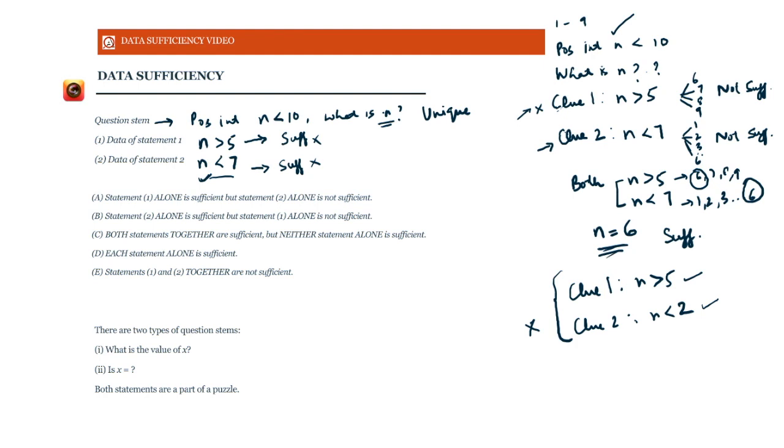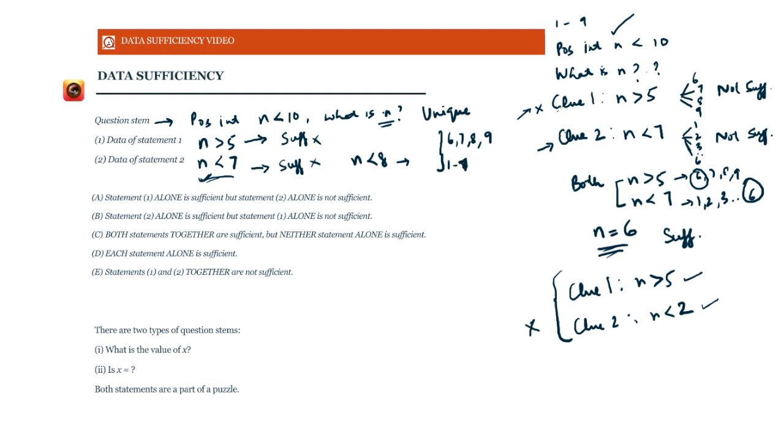For example, if my data of statement 2 instead of n less than 7 were n is less than 8, then this would give me values 1 to 7. And then by using both the statements together, n greater than 5 means 6, 7, 8 or 9, 4 possible values, and n less than 8 would give me values 1 to 7.